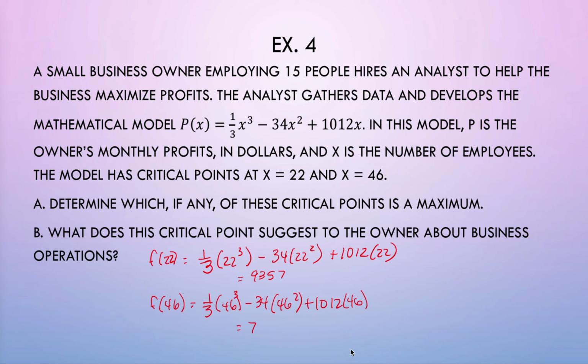And that gets me 7,503. So your maximum is going to be the one that's higher. What does this suggest to the owner about business operations? Well, if the owner wants to maximize his profits, he should hire 22 employees.